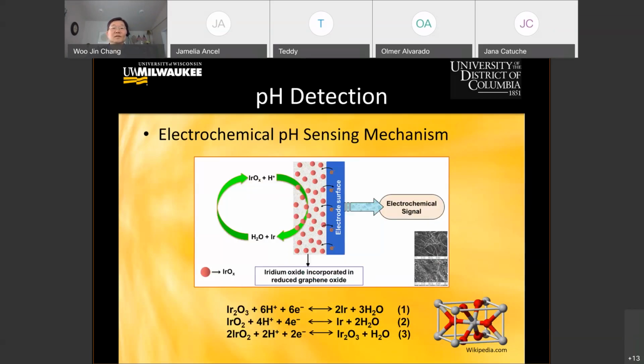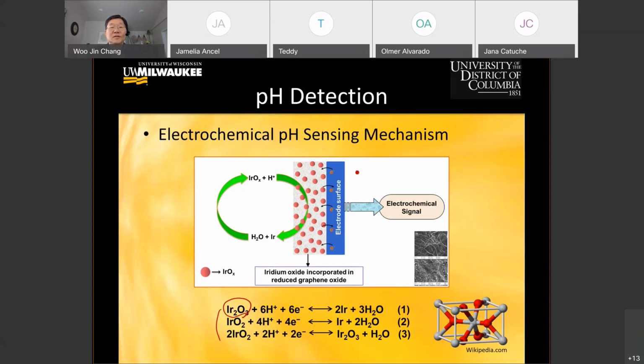So the first one is pH. To detect pH, I was using iridium oxide, and iridium oxide has three different states depending on the pH of the surrounding fluid.